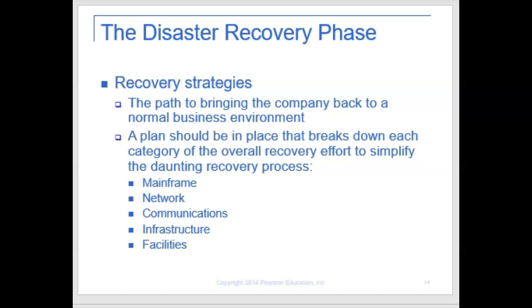So we want to develop these recovery plans and break the plans down into levels, whatever levels you want to use, based on stakeholder risk assessment. But some good categories would be the mainframe, the network, communications, infrastructure, and the facilities. You can see that discussed on page 389.